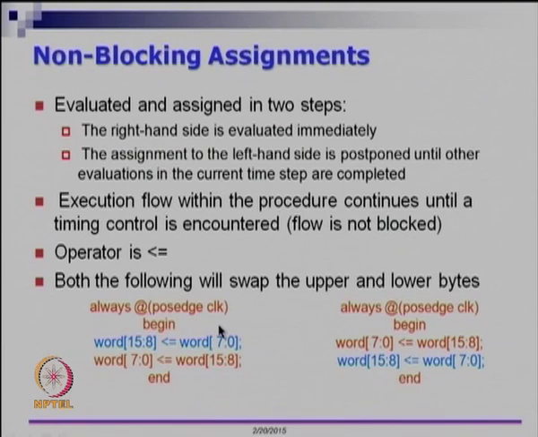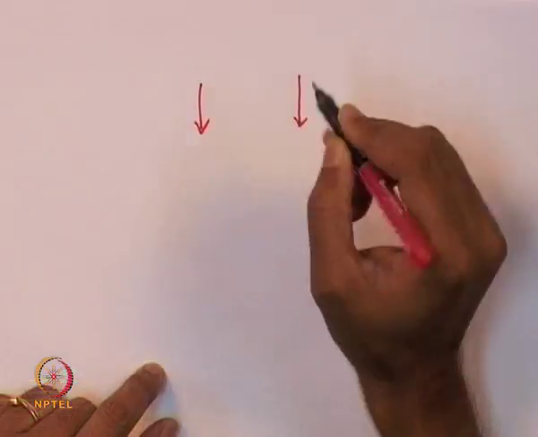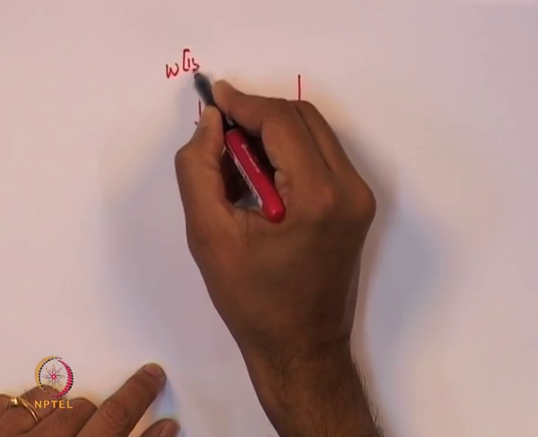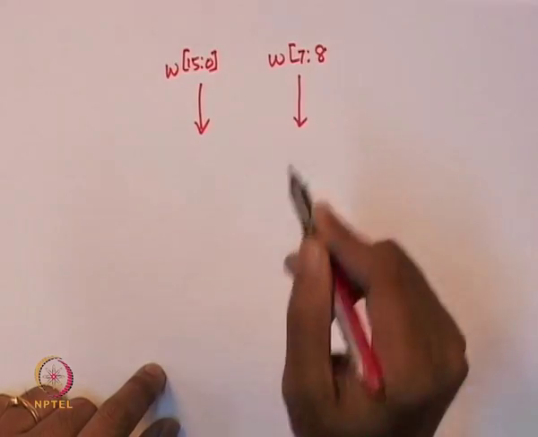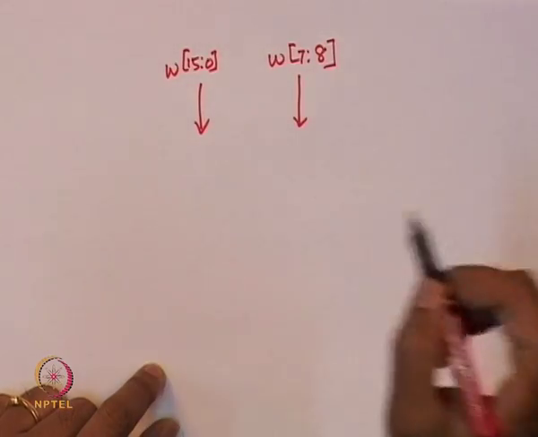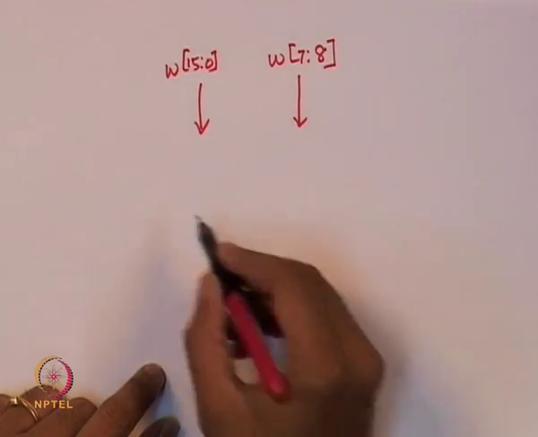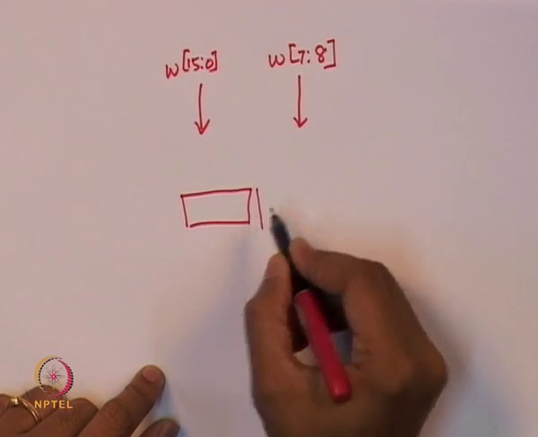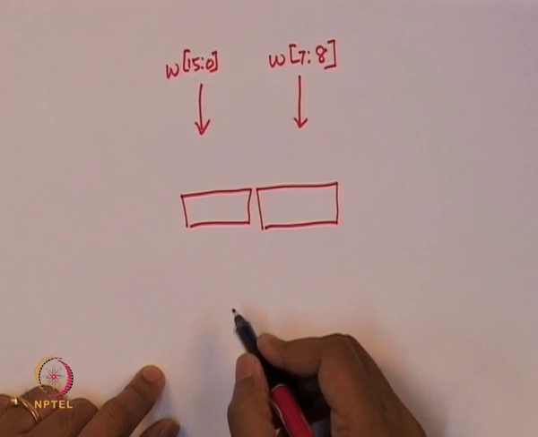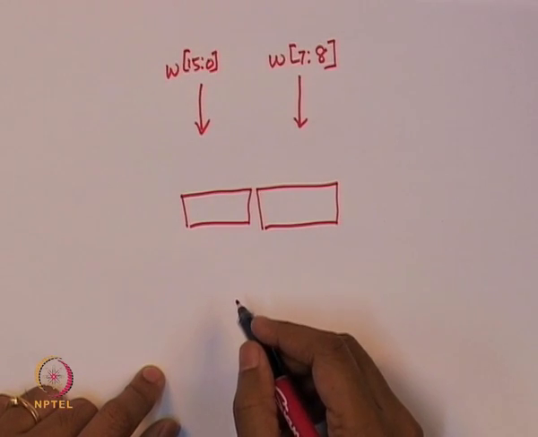If you think about this, the hardware equivalent is like this. There is a bus that is coming in, word 15 colon 8 and word 7 colon 0. Because this is inside the passage of clock, there is a register for both of them, 7 colon 0 as well as 15 colon 8.